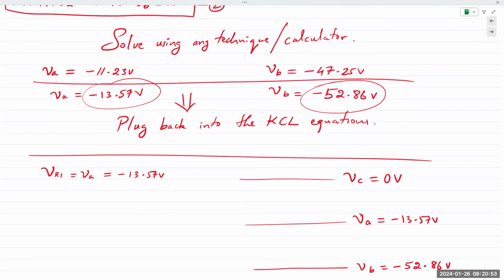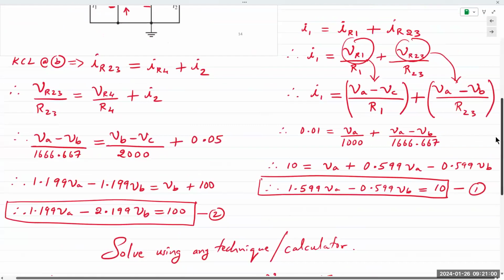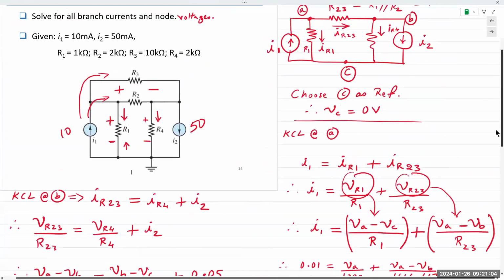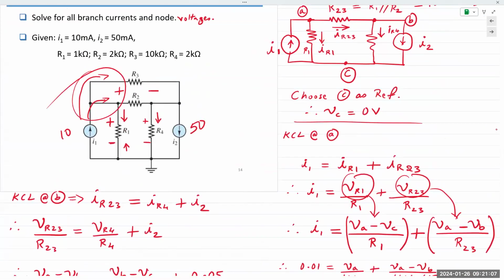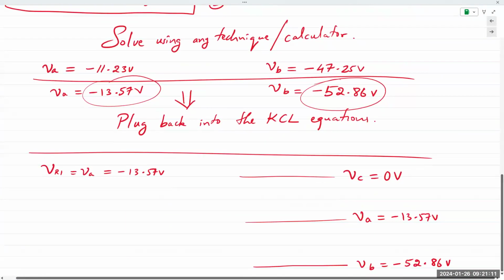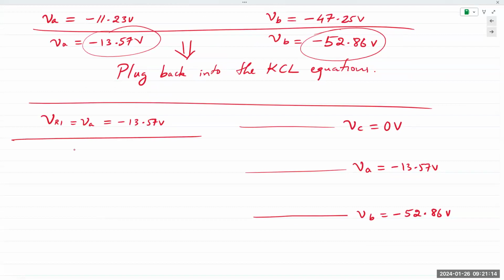Now, let's say another student chose node A as their reference. Instead of choosing node C at the bottom, if you choose node A, which is right here, as your reference, you can solve this problem using those equations. So if A is the reference, then VA is 0 volts.